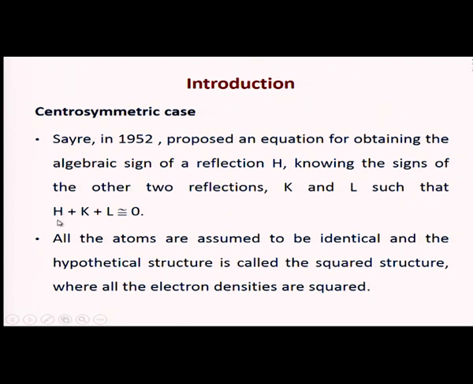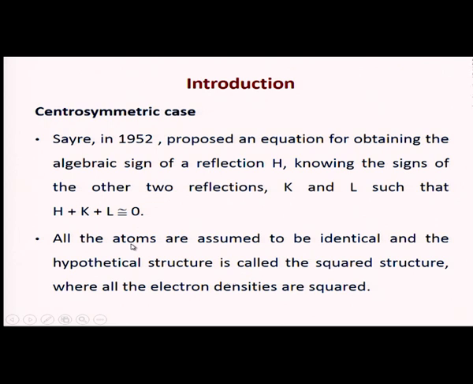Each is a set of 3 reflections h 1 k 1 l 1, h 2 k 2 l 2, h 3 k 3 l 3. By this I mean 3 equations: h 1 plus h 2 plus h 3 will be 0, k 1 plus k 2 plus k 3 will be 0, l 1 plus l 2 plus l 3 should be 0. All 3 should be satisfied, then only it is called h plus k plus l equal to 0.